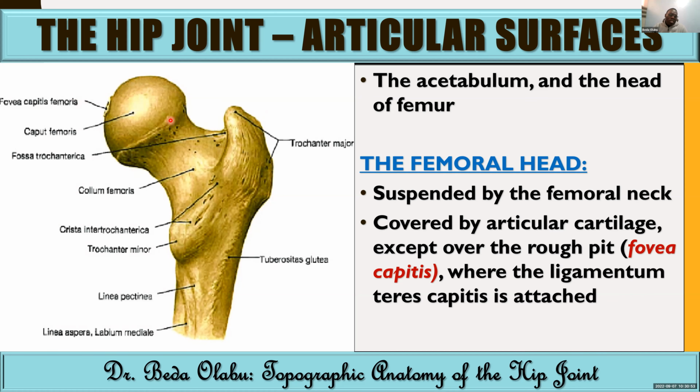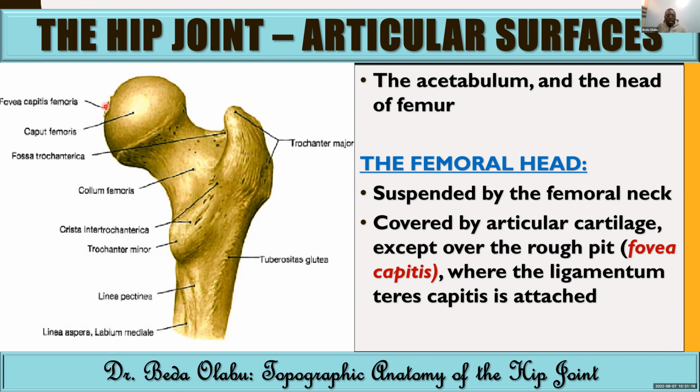The upper part of it is covered by articular cartilage, signifying that the upper part is the articular surface of the head of femur. However, it's not the whole head that's covered by the articular cartilage. There's a small depression that is not covered by the articular cartilage. That small depression is called the fovea capitis.